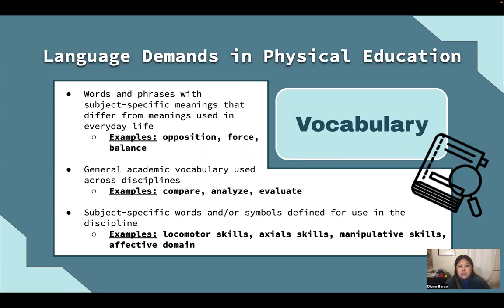You'll see general academic vocabulary used across disciplines like compare, analyze, evaluate, and then some more subject-specific words that are used, like locomotor skills, axial skills, manipulative skills, affective domain. So basically the terminology that you would see in a physical education textbook.